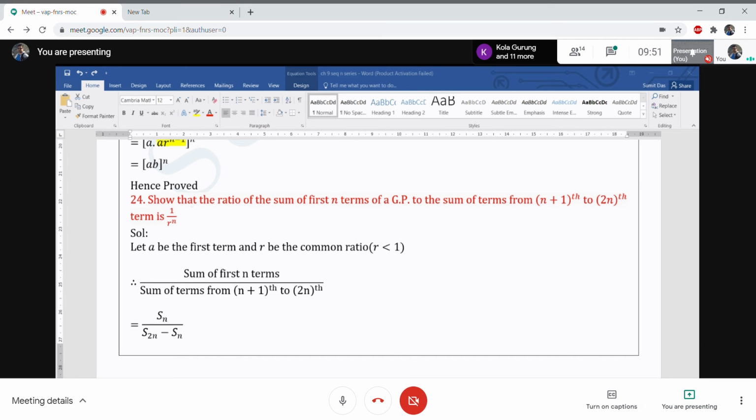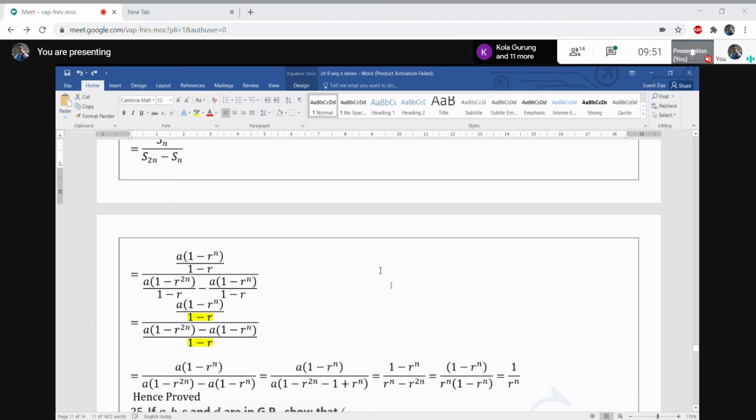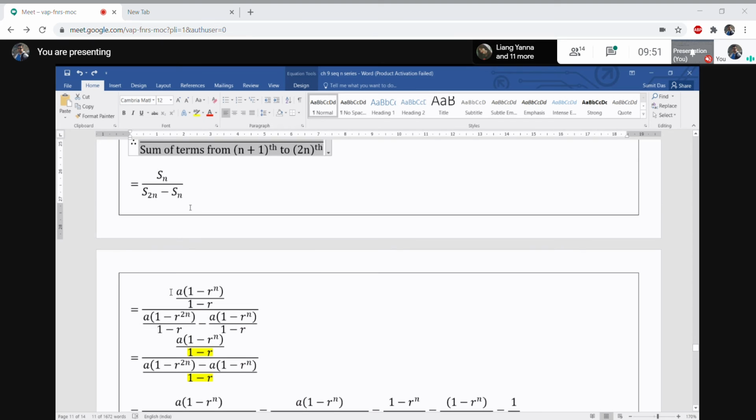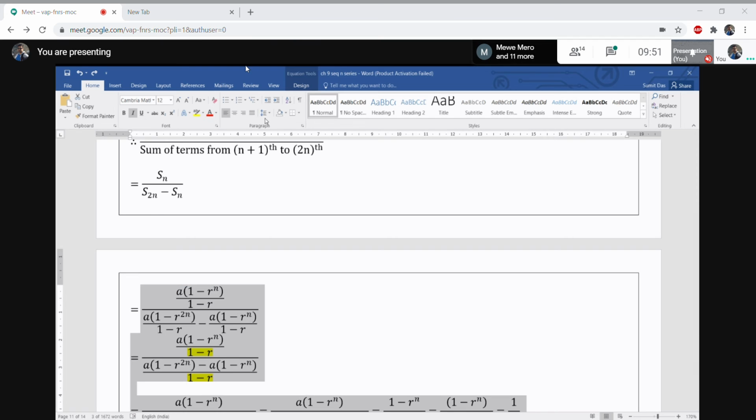Now just put in the values. The Sn formula is a times 1 minus r to the power n, divided by 1 minus r. S2n will be just the same, but instead of n it will be 2n.